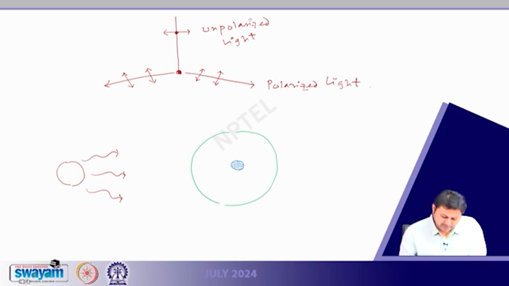The radiation that is coming from the sun comes here and it is unpolarized. So, both components will be there, and let me draw this component.